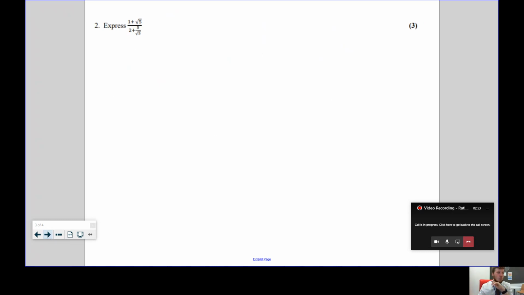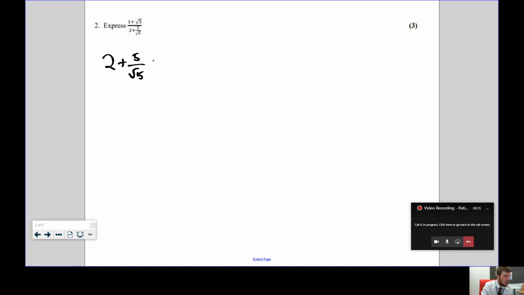Question 2 says express 1 plus root 5 over 2 plus 5 over root 5. And again, we want this in its simplest form. Now looking at this, you can see that we've got a surd in the denominator, and that's not really very useful. So I'm going to first of all look at this 2 plus 5 over root 5, which is the denominator, and I'm going to try and sort that out first.